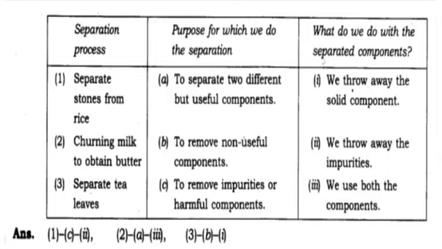Similarly, churning milk to obtain butter, the purpose is to separate two different but useful components, and for doing this we use both the components. Similarly, for separating tea leaves, the main purpose is to remove non-useful components.